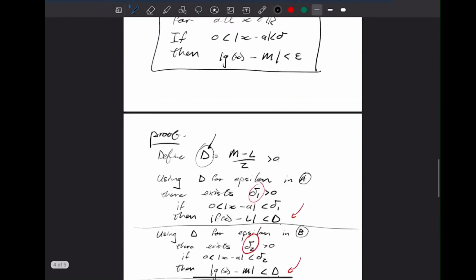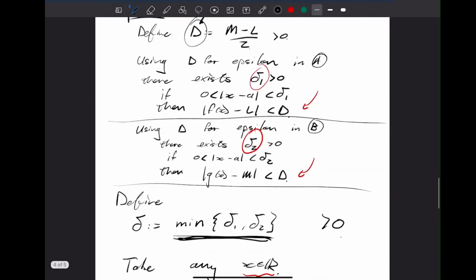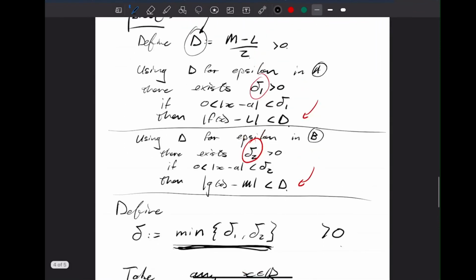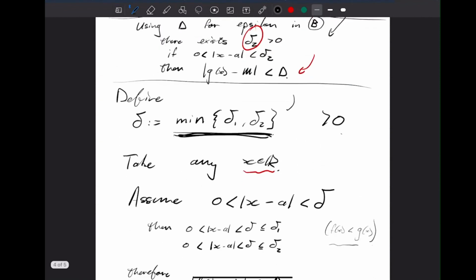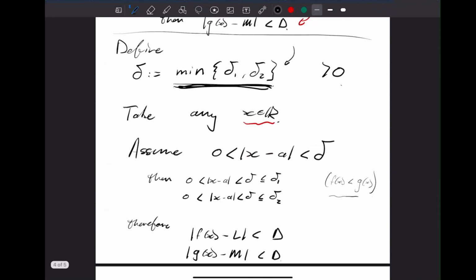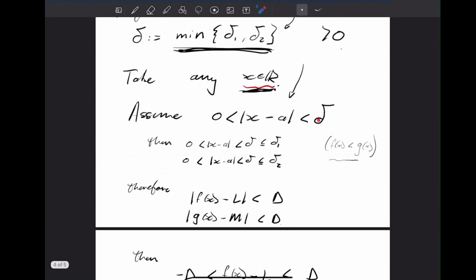So let us just go through our proof again. So we defined our D. We used our D to buy our deltas. We took the minimum of the two deltas, and now we showed that if x, so any x, and this x is the same x everywhere, if that x satisfies the condition of being within a delta distance of a, which delta?